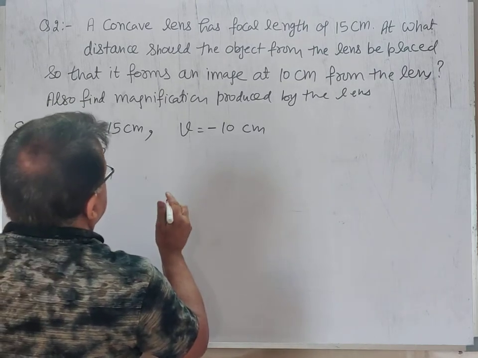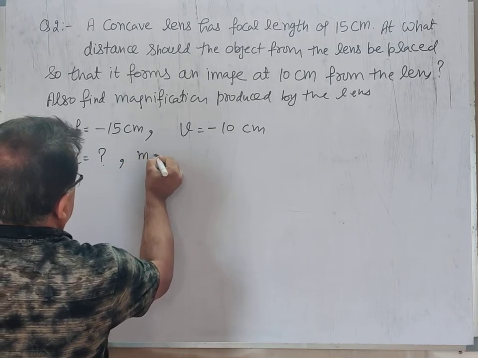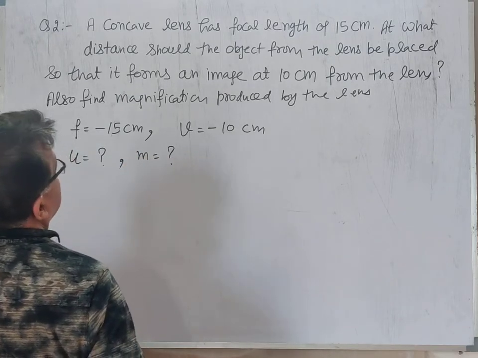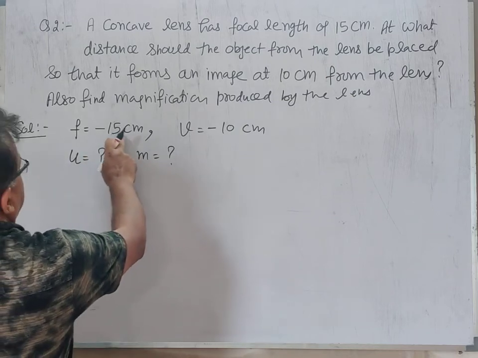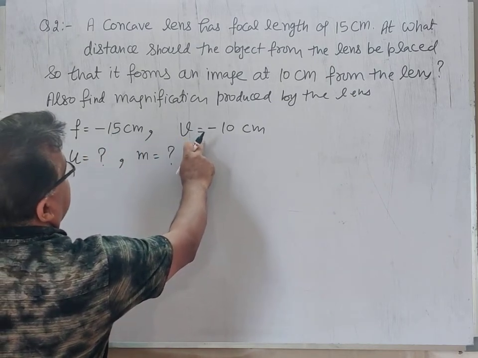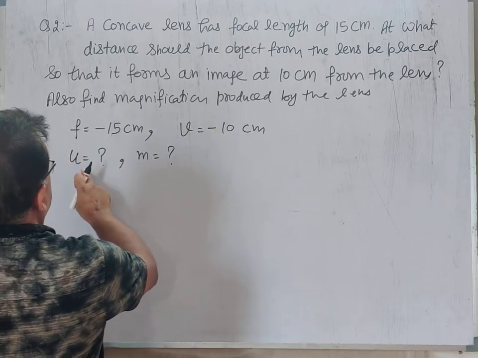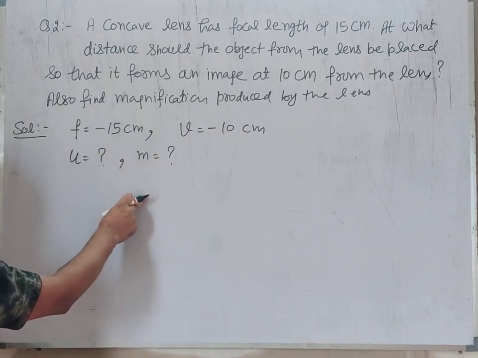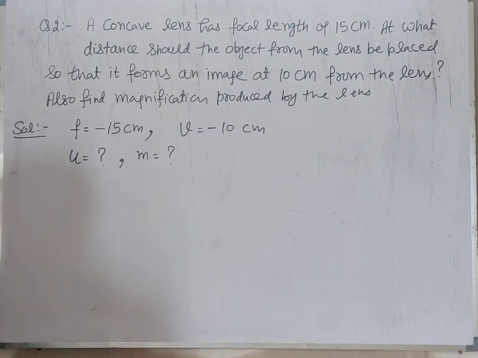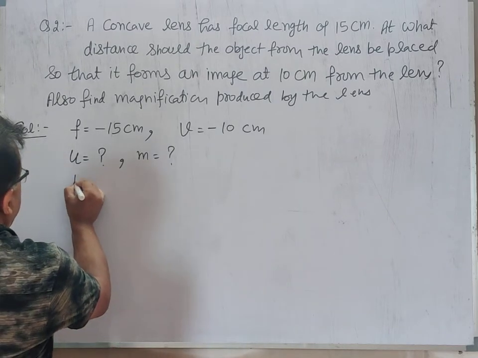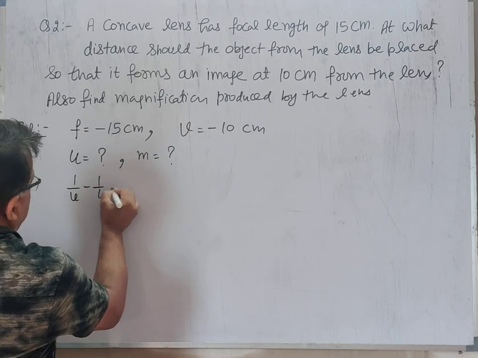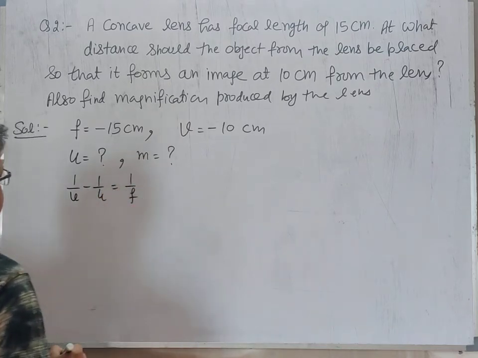Also find magnification. So now we are given f is equal to minus 15, v is equal to minus 10 centimeter. We have to find u and m. So you will decide how you will find. You will use the lens formula, and the lens formula will be 1 by v minus 1 by u is equal to 1 by f.